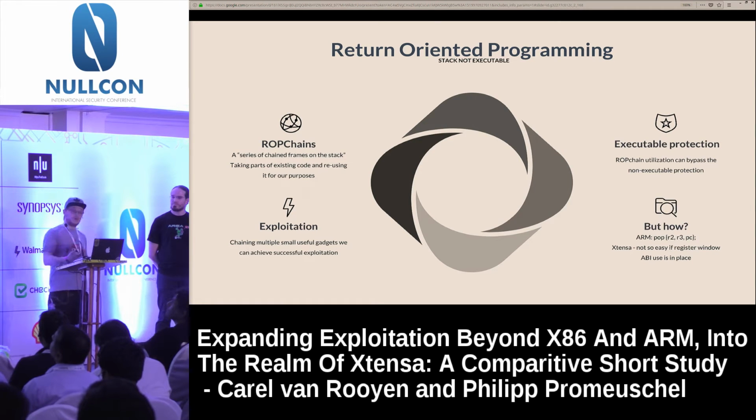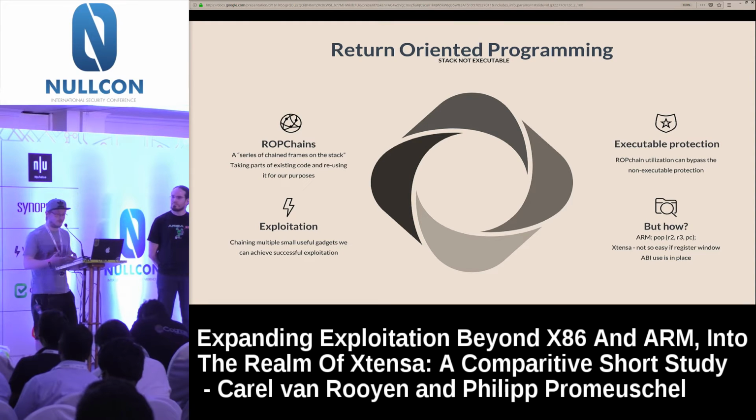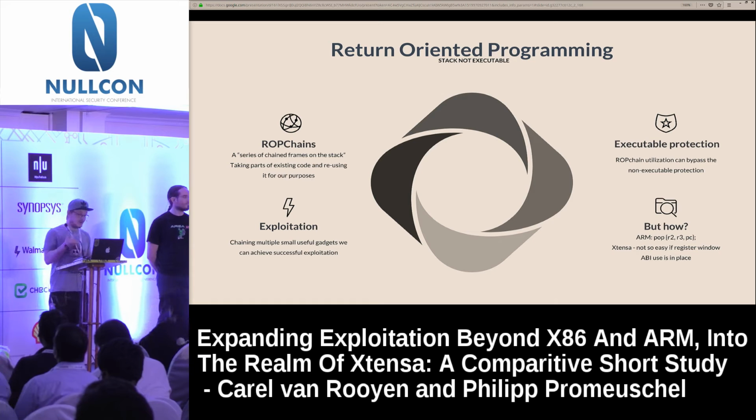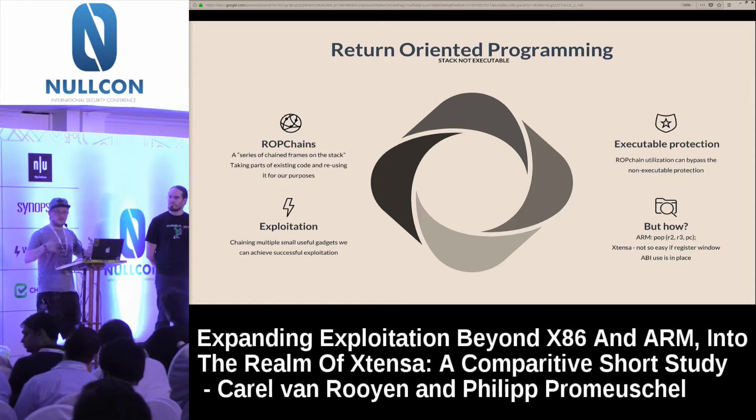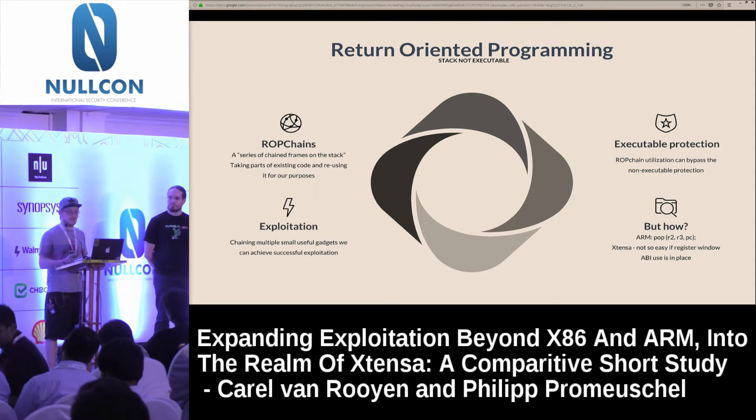By chaining multiple gadgets, we can do different things like copying shellcode to executable memory, which is what we want to do on Xtensa. Or calling functions to, for example, mark areas as executable, as you would do on ARM on Linux. So you use mprotect to basically set your stack as executable after you put your shellcode there.